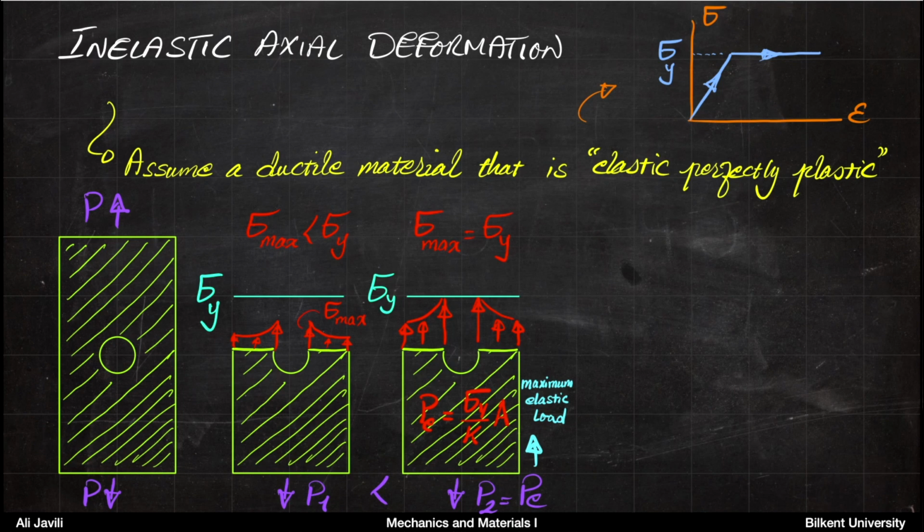Now let's say we increase this to P2 such that we just reach exactly the yield stress where the maximum stress occurs. That means up to this point, the deformation would be completely elastic. In other words, this limit would be your maximum elastic load.